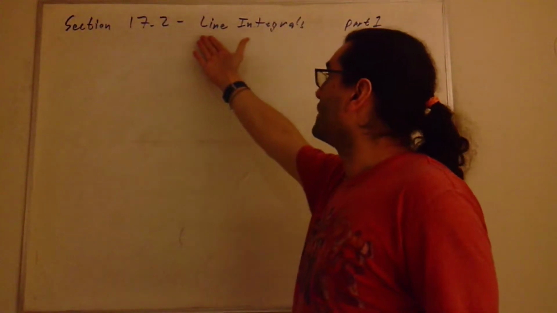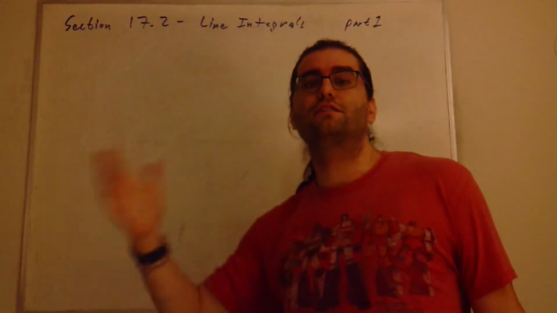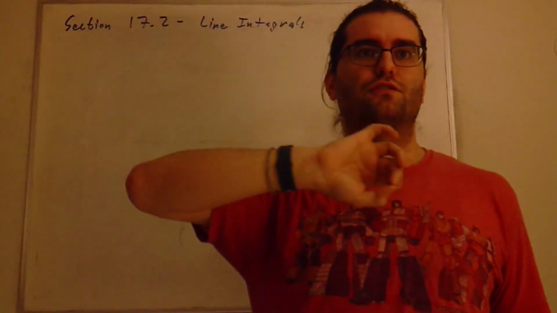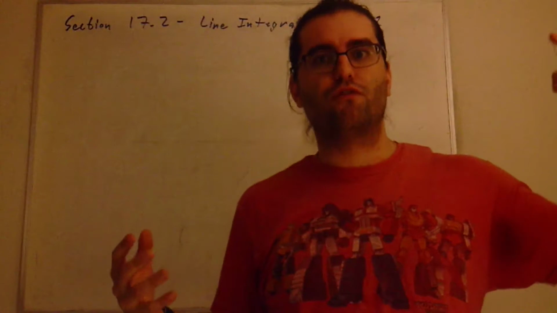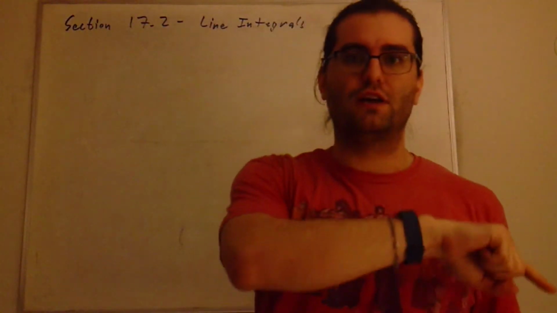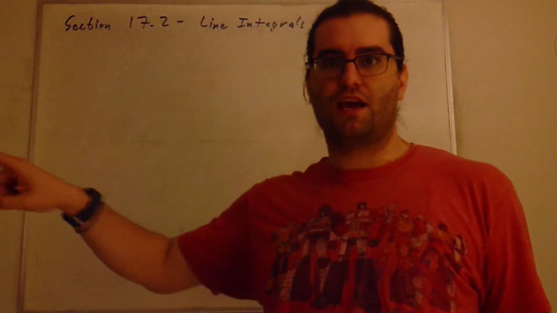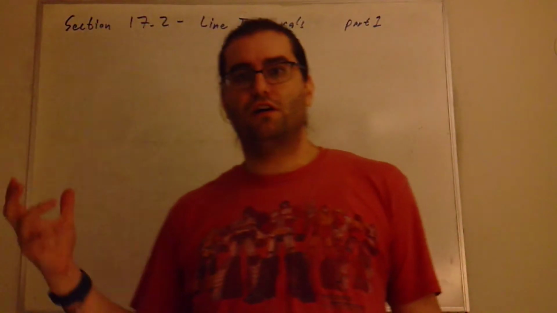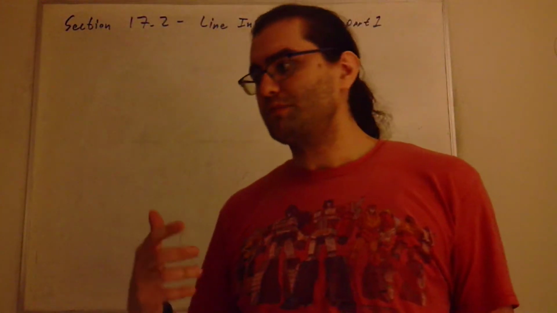So that's what this section is all about. We're going to talk about these line integrals. Line integrals means you have a path through a vector field, and we're going to look at the integral of all of the work that the vector field as a force is doing on this path as an object moves across it. And this is going to involve a lot of steps.